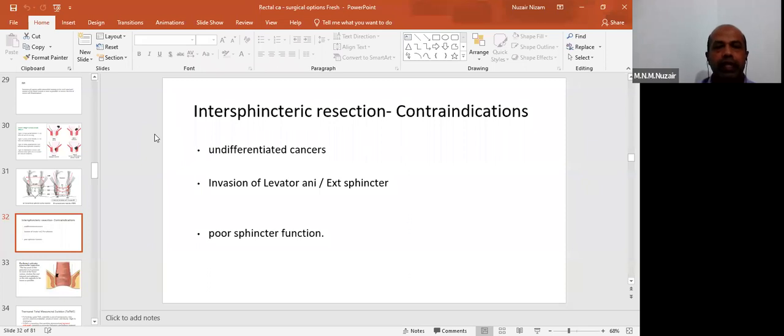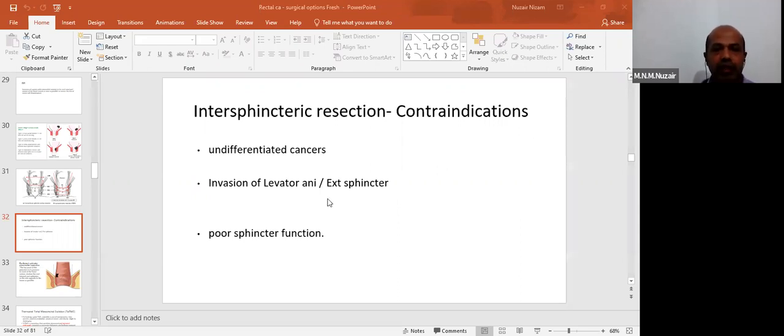So, intersphincteric resection is a method to prevent an end colostomy. But we can't perform intersphincteric resection for all patients. If the tumor is undifferentiated, we can't do the intersphincteric resection. For well differentiated or moderately differentiated tumors, we can do it.